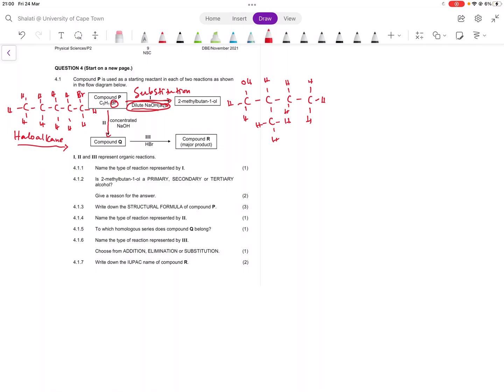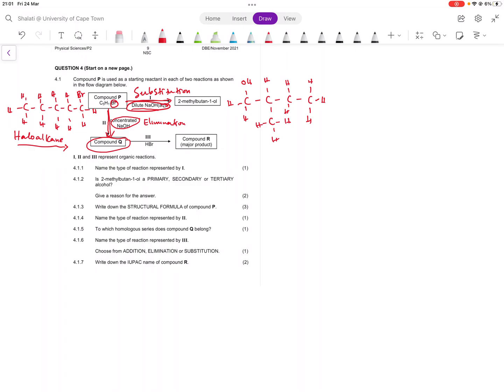Then the concentrated NaOH, what is it giving you and what reaction is that? I can only figure it out if I also check this one. So from product Q, I have HBr and it gives me a certain major product. So this concentrated NaOH gives you an idea that this is an elimination reaction, which tells you compound Q must have a double bond because you remove something completely.